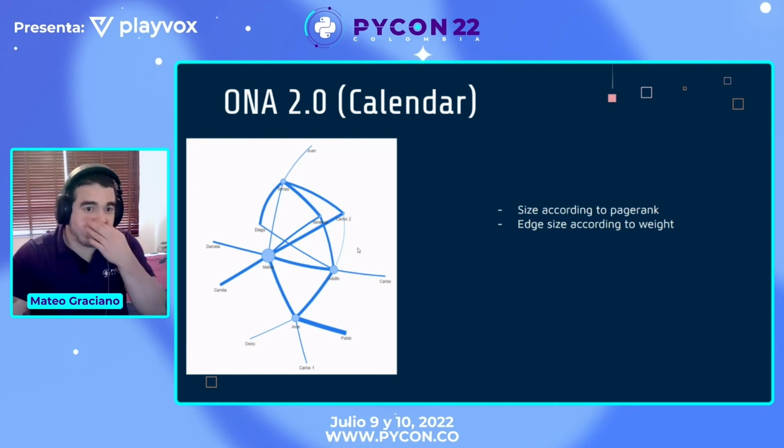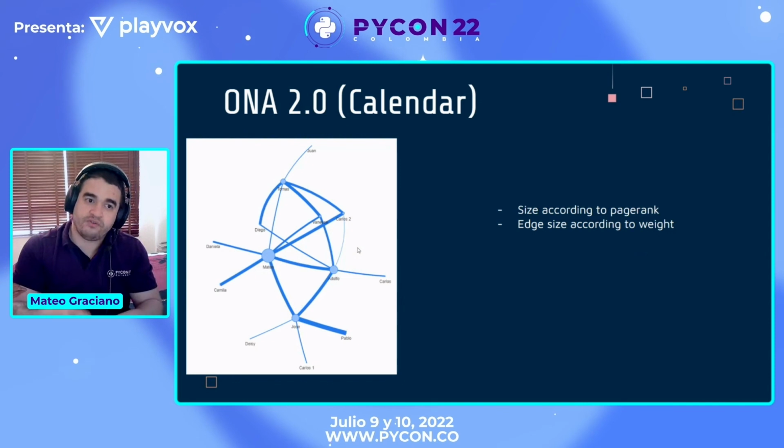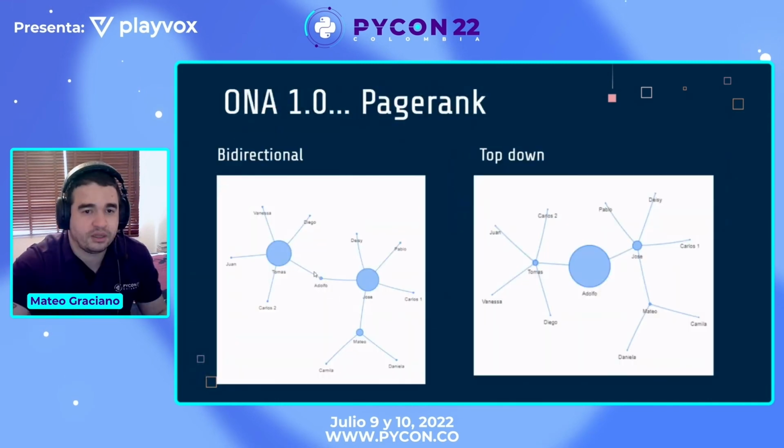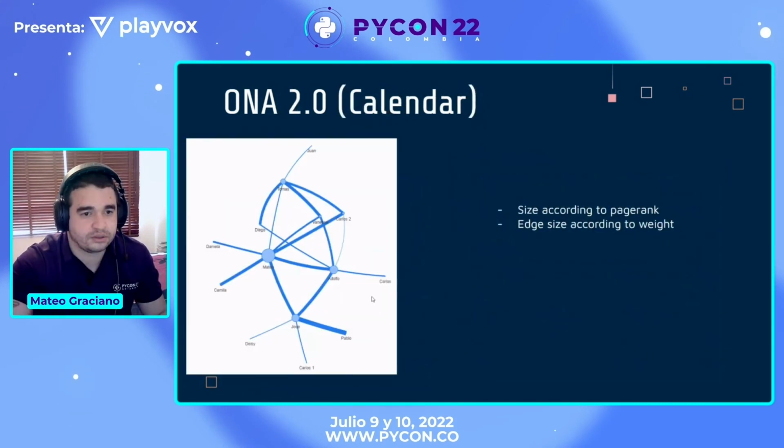At least for the communication of those two teams, because this is an example where you had two teams. You have this team over here and this team over here. So for the communication of these two teams, Mateo was really important.